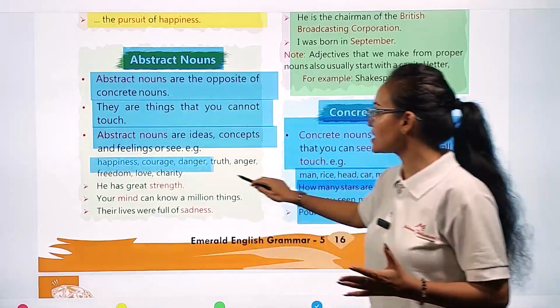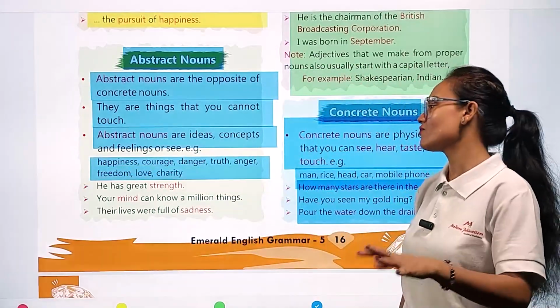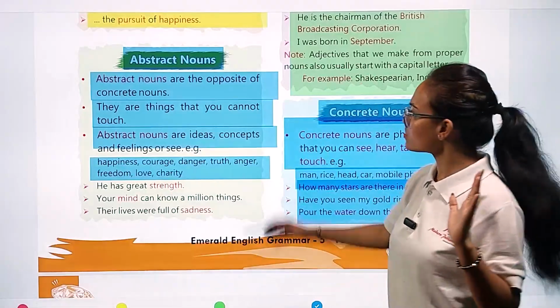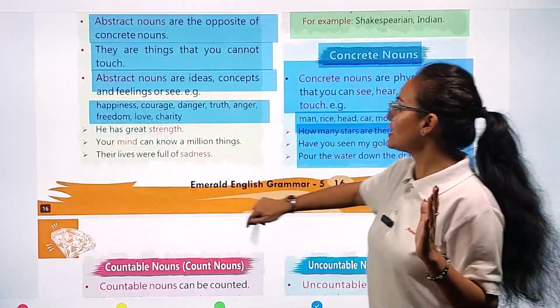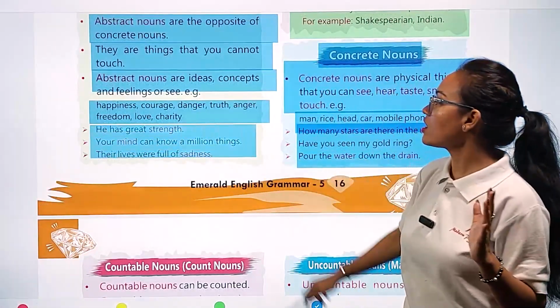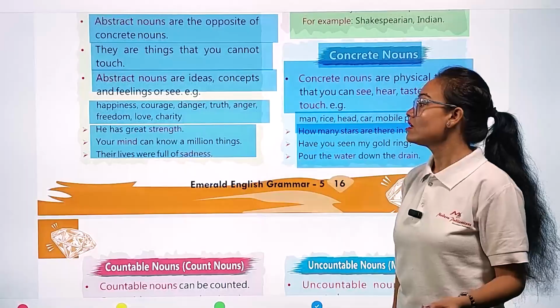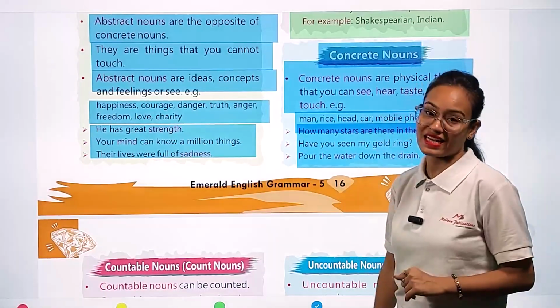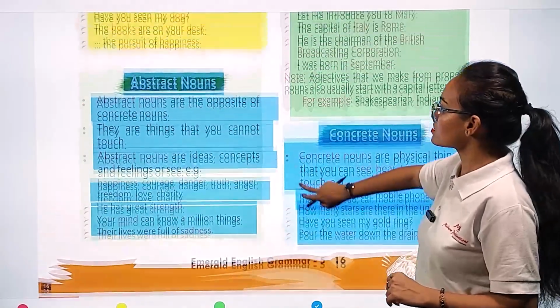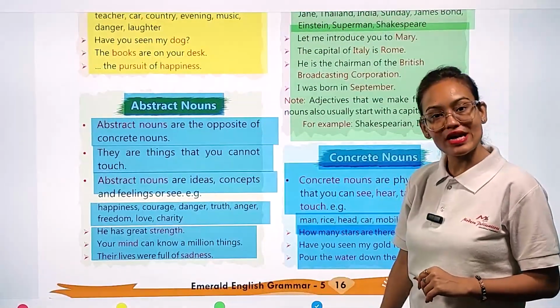For example, you can see happiness, courage, danger, truth, anger, freedom, love, charity, etc. All this comes under the category of abstract noun. He has a great strength. Your mind can know a million things. Their life was full of sadness. So this is all about abstract noun.